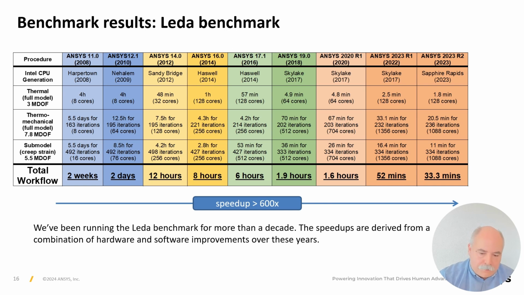And it was made possible by improvements in the hardware and also improvements in the software that allowed us to run this case on more than 1,000 cores and solve it within a matter of minutes for the thermal simulation and also for the submodel. The full simulation took the longest, but still everything combined is about half an hour compared to 2 weeks when we started out in 2008.